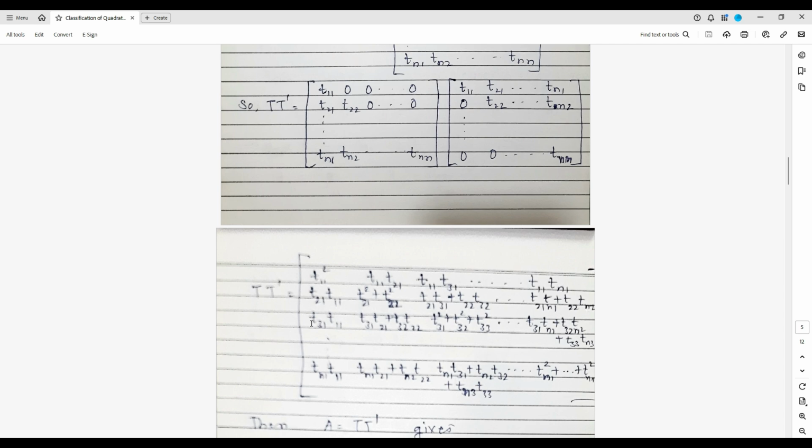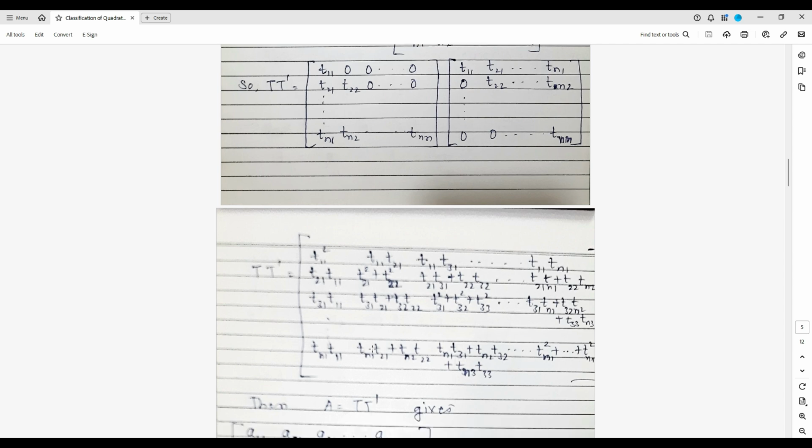Similarly, the third row would be T31 into T11, T31 into T21 plus T32 into T22. Then from the third element onwards, each term will contain the addition of three terms. So T31 square plus T32 square plus T33 square would be the third term and so on.